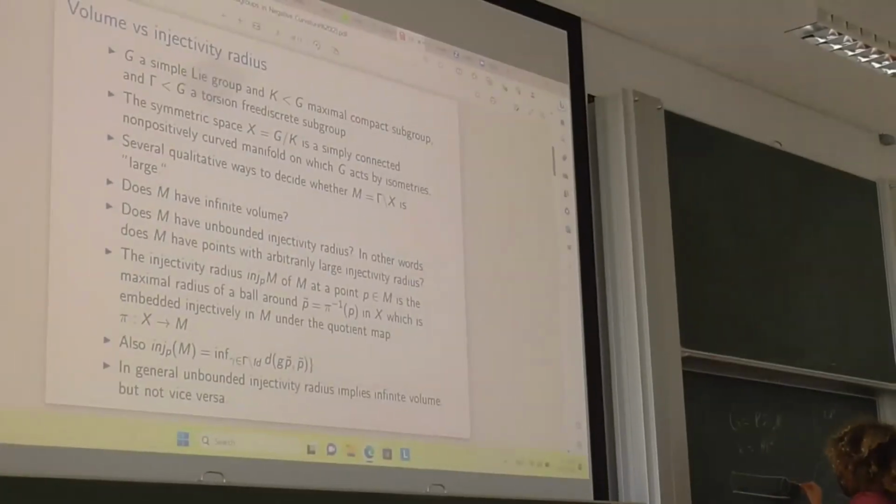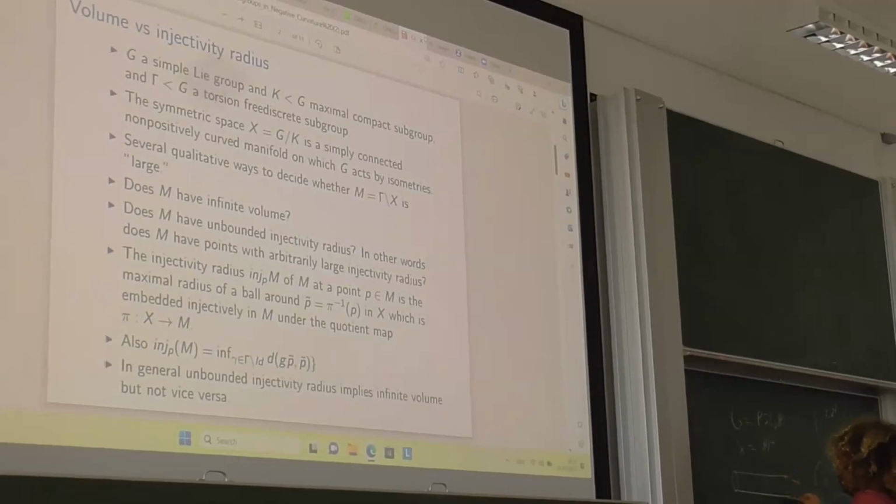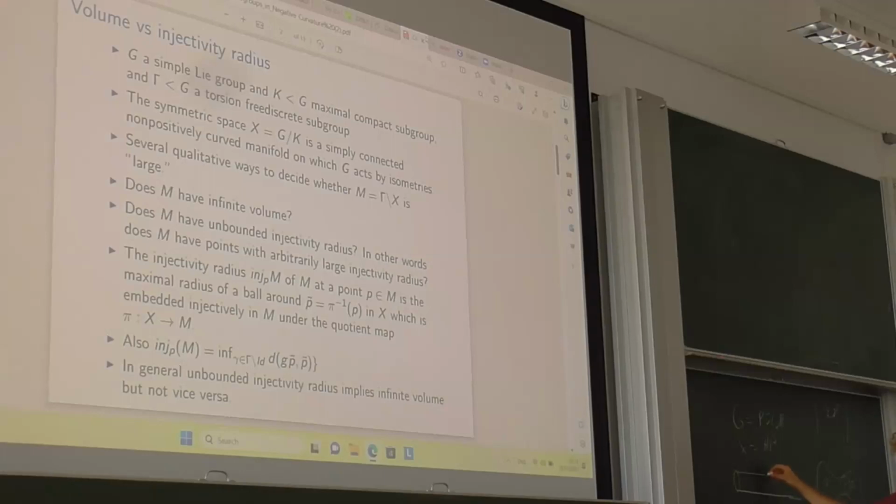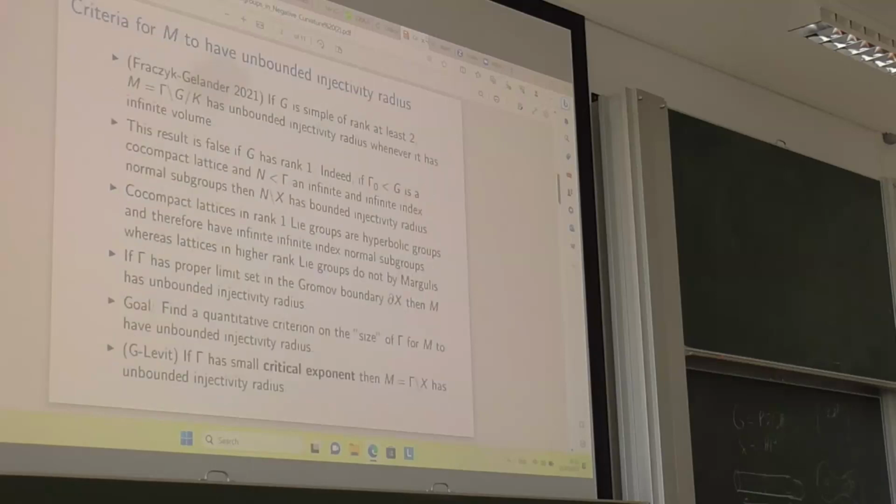For example, you can have an infinite cylinder in R3. It has bounded injectivity radius because the cylinder has finite circumference, but it certainly has infinite volume because it's infinitely long. Okay, so we want to study what it means for this manifold to have unbounded injectivity radius, and find some criteria for it.